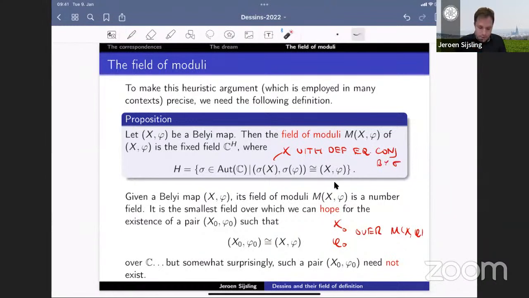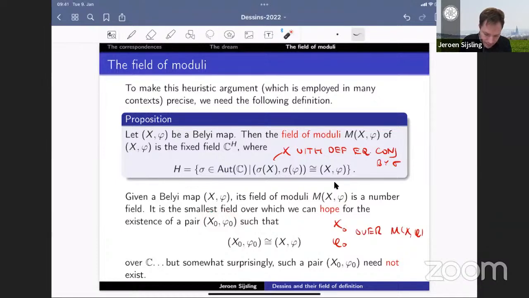Yeah, and suppose that this idea is true. Suppose you do get an x0, phi 0 over m x phi.